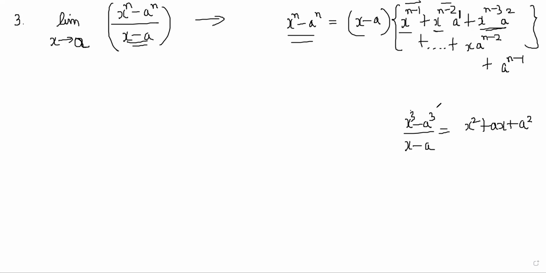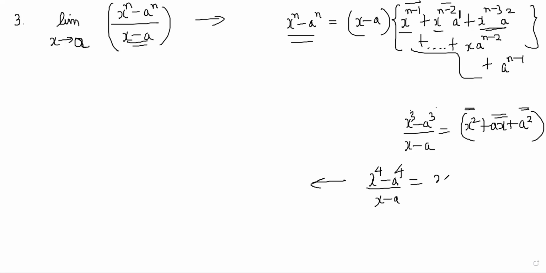See here, it was 3, 3 and 1, 1. So when you divide, it should be quadratic, and you will write all the terms with degree 2, right? Suppose x^4 minus a^4 by x minus a. You can do it from what is predicted from this, or you can do it by hand also. This is (x^2 minus a^2) by (x minus a) into (x^2 plus a^2), so technically this is (x plus a) into (x^2 plus a^2).